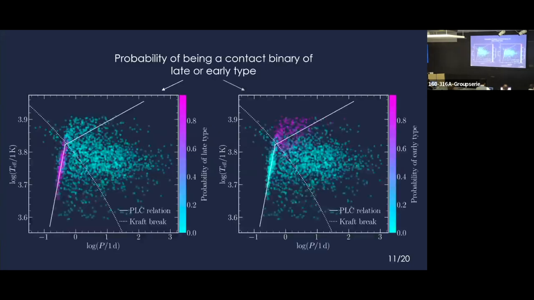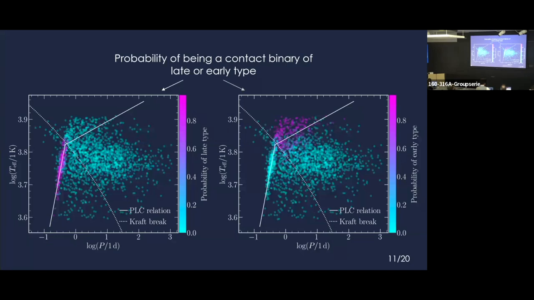I won't go into details about how we constructed the catalog, but the basic picture is we used Bayesian inference, and we modeled the Kepler eclipsing binary catalog as a mixture of contact binaries and Gaussian noise. Using this approach, we were able to assign to each object in the sample a probability of being a contact binary of either early type or late type.